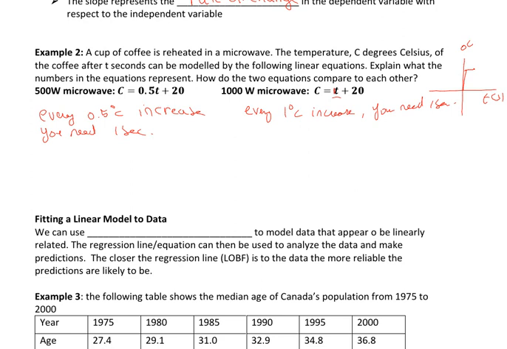Can you just go over that again? So why do you say it's better? Because for this one, you only need 1 second per 1 degree, right? For this one, you need 2 seconds per 1 degree. In order for you to go up 1 degree, you need twice the amount of time. Make sense?